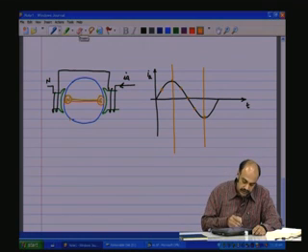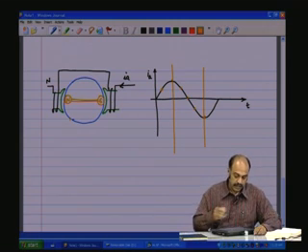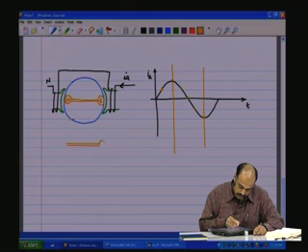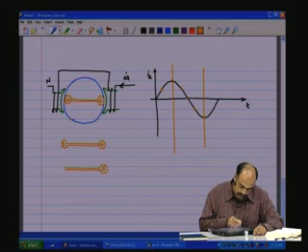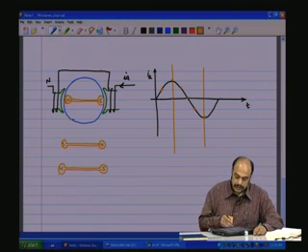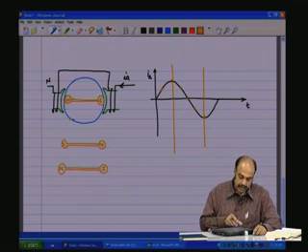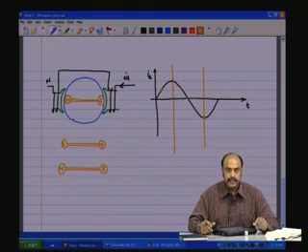So at these 2 points we will see that the dumbbell size or the length will be the same maximum, except that during the positive max it is going to be north on this side, south on this side, and during the negative max the dumbbell length is going to be the same, except that it is going to be south on this side and north on this side. That is, in a half cycle, the dumbbell has rotated and shifted by 180 degrees.